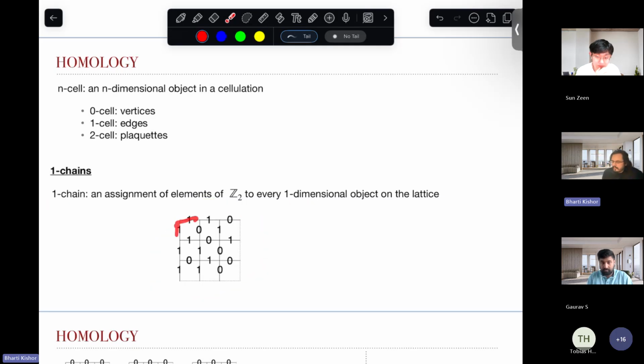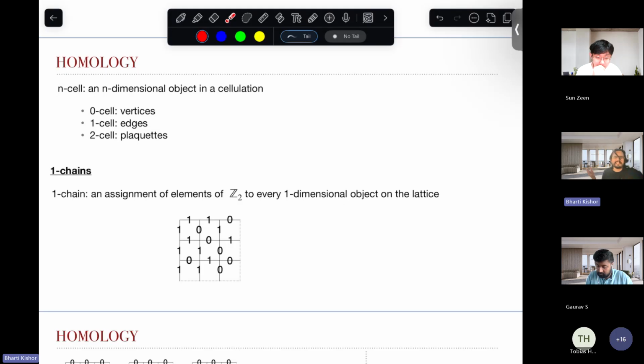This is a cellulation using squares. So this is your toric code lattice. And here you can assign 1 or 0. So these are edges, and to edges you can assign 1 or 0. You can think of assignment of 1 as meaning that edge we are including, and 0 means it's being excluded.